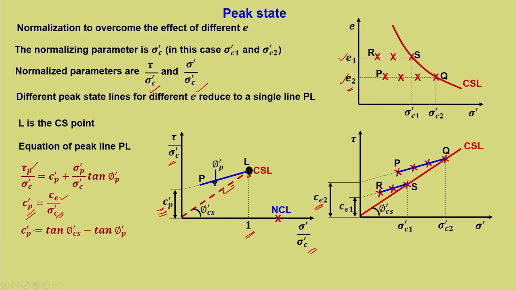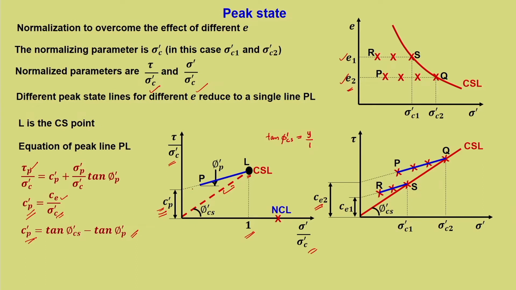We can also write C dash P is equal to tan phi dash Cs minus tan phi dash P. How this is possible? Now, this expression is possible only on the normalized plot. Why? Let us consider tan phi dash Cs. This is the triangle inclination tan phi dash Cs. So, tan phi dash Cs is equal to, let us take this distance as y upon 1, because this is 1.